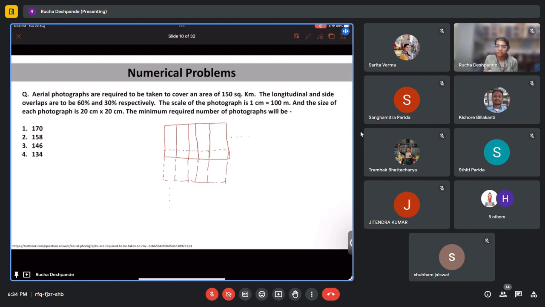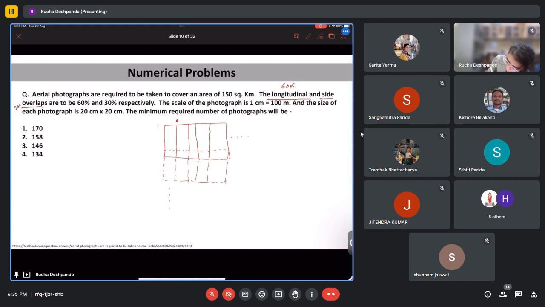So here I have drawn these photographs according to the percentage of overlap that was given. So the longitudinal or end lap is 60% and the side overlap is 30%. Here let's label the photographs.